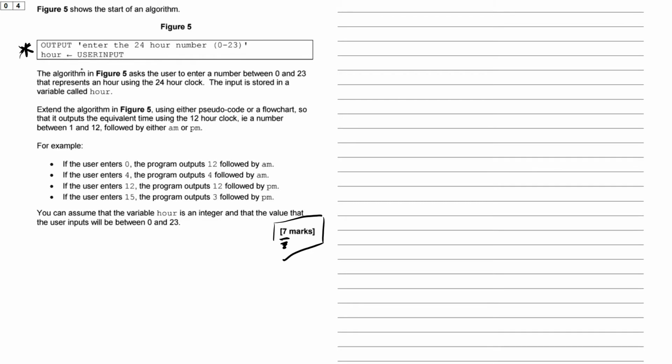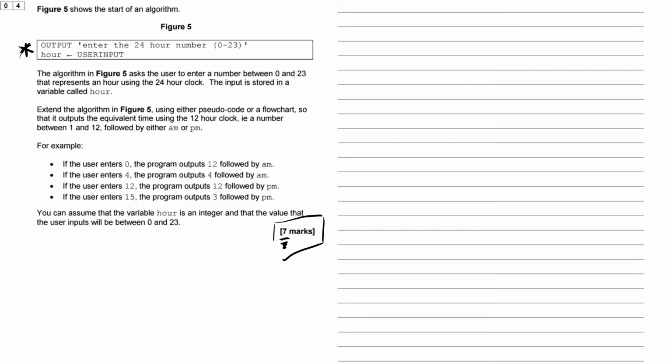You've got there, the algorithm in figure 5 asks the user to enter a number between 0 and 23. So we can see that output, enter the 24-hour number from 0 to 23. So our user input there. So we're putting some user input and we're saving it in a variable called hour.